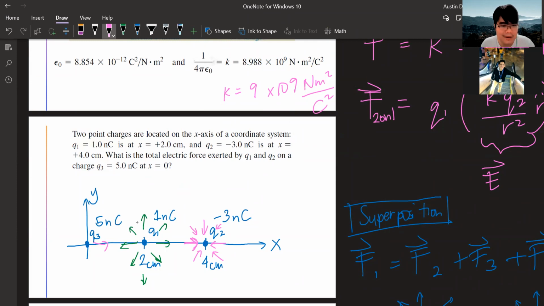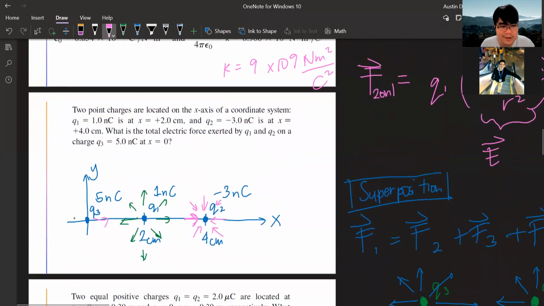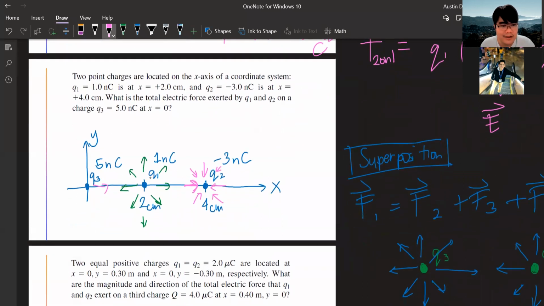For this one, the numbers are quite far apart. Because this is 5, if you just multiply the charges, 5. Then, when you multiply 5 and negative 3, that's negative 15. Okay, so the attraction is stronger, or the repulsion is stronger.